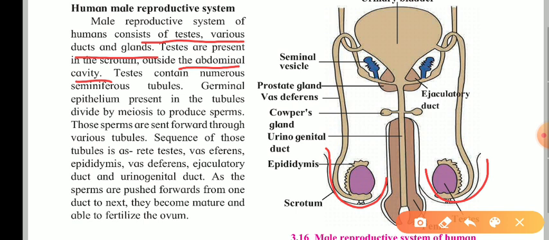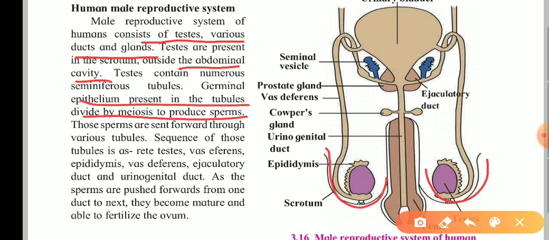Testes contain numerous seminiferous tubules, meaning small tube-like structures are present in the testes. Germinal epithelium present in the tubules divides by meiosis to produce sperms.